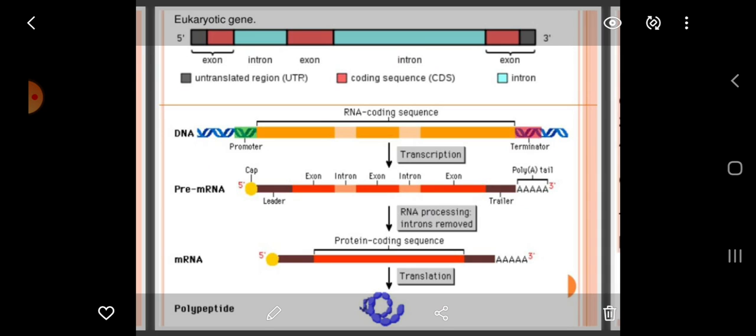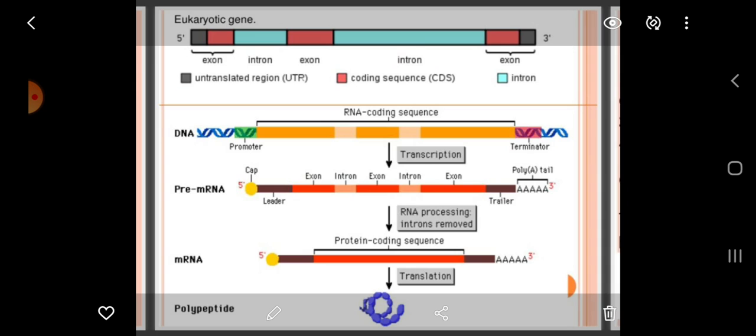So you can see that there is an exon, then a blue colored intron, then again a red colored exon, then a long blue colored intron, then again an exon, and the gray or black colored UTR region. The orientation of this eukaryotic gene is from the 5' end to the 3' end.